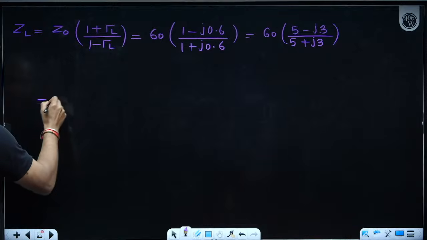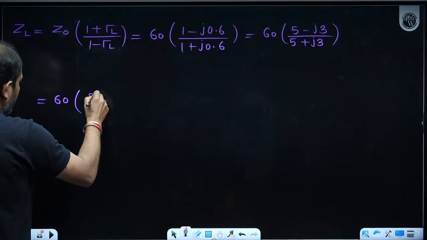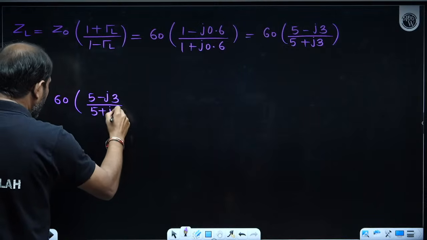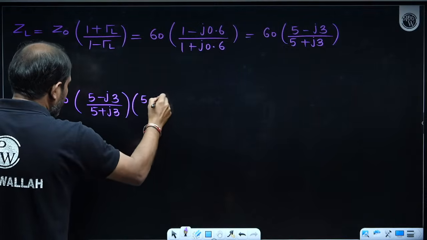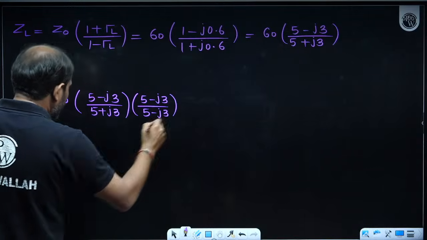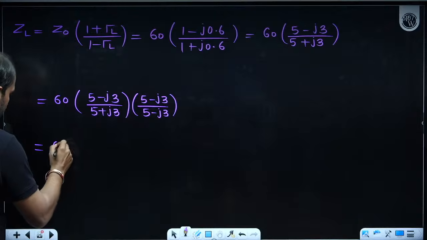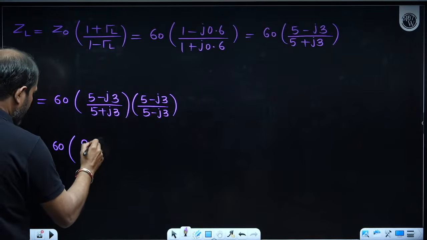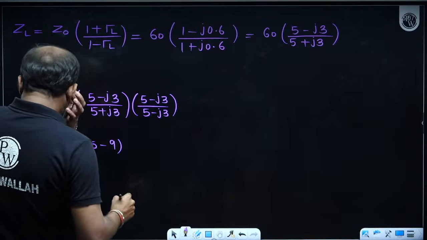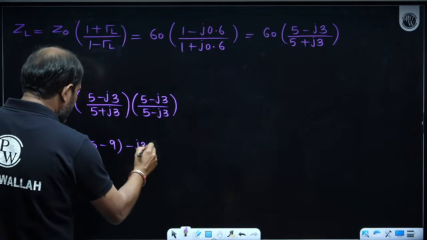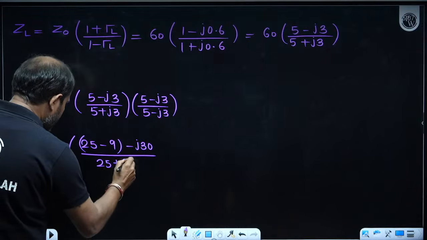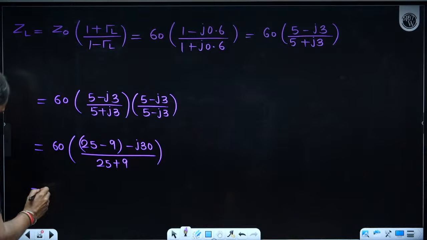Multiply with conjugate: 60, 5 minus j3, 5 plus j3, and 5 minus j3 divided by 5 minus j3. So it will be 60 and 25 minus j square 9, and 10 minus j30, divided by 25 plus 9, so it will be 34.